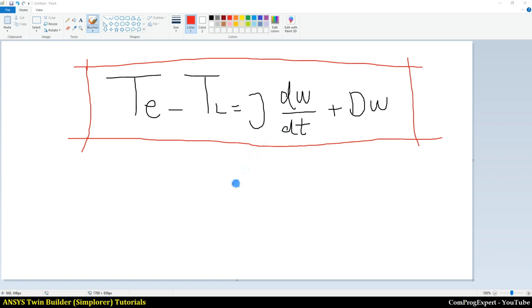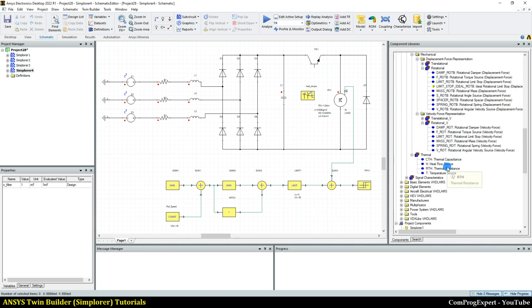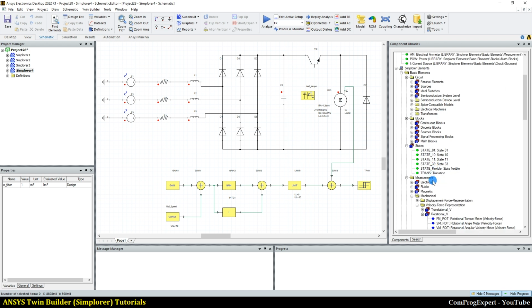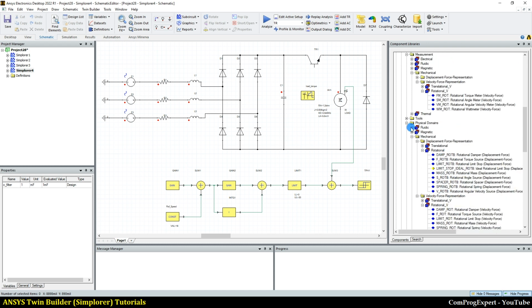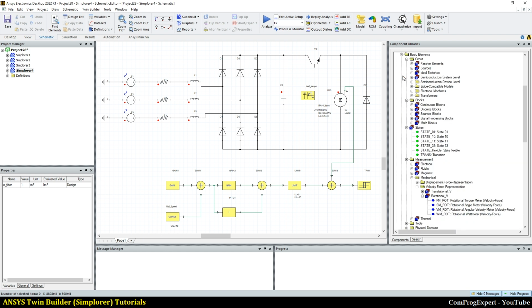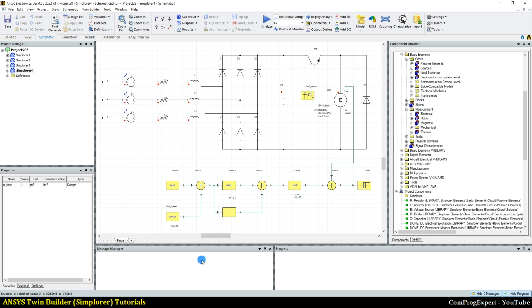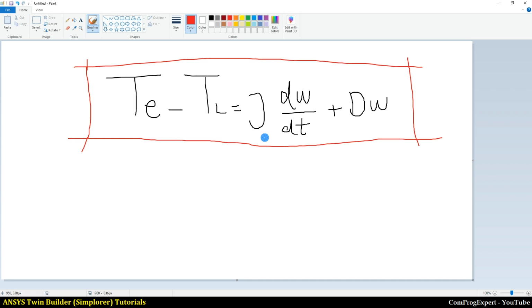We will learn how we can use these mechanical elements, the basic elements in physical domains in ANSYS Simplorer, how we can solve that torque equation using these elements, and what is the logic behind mechanical modeling. So this is a video tutorial regarding this topic.